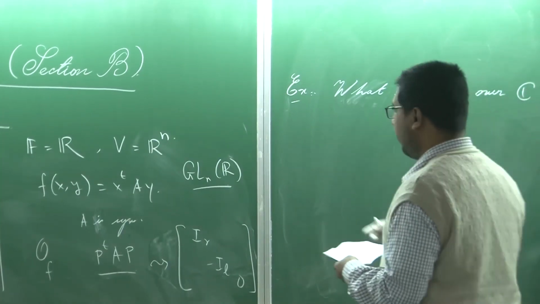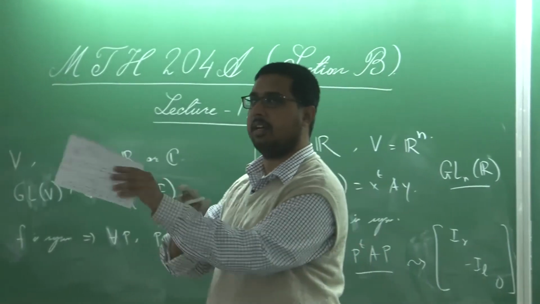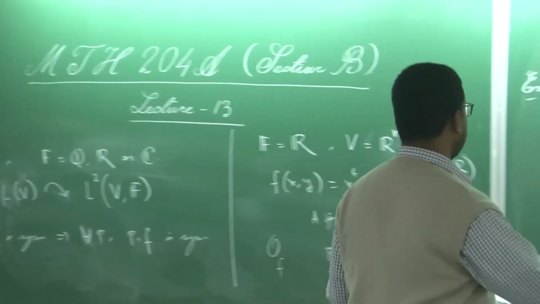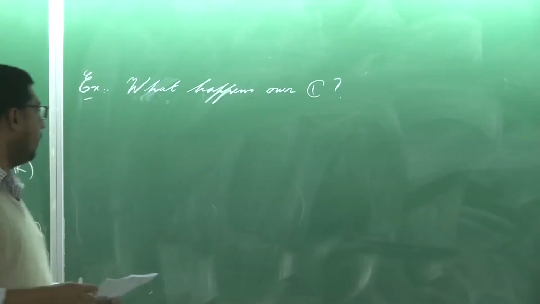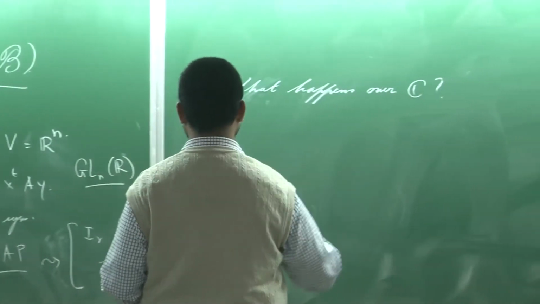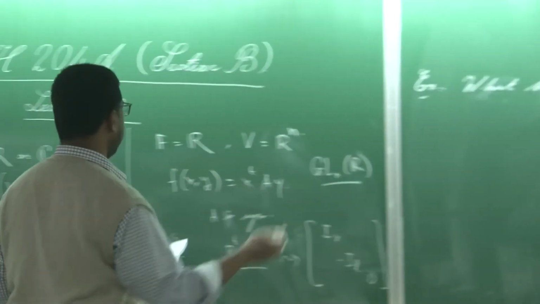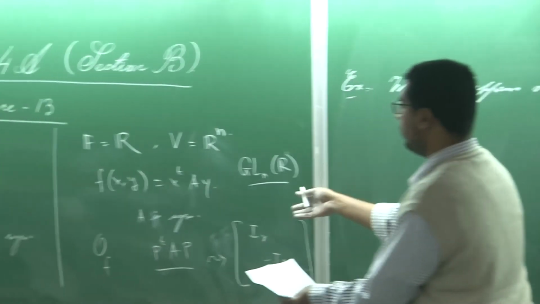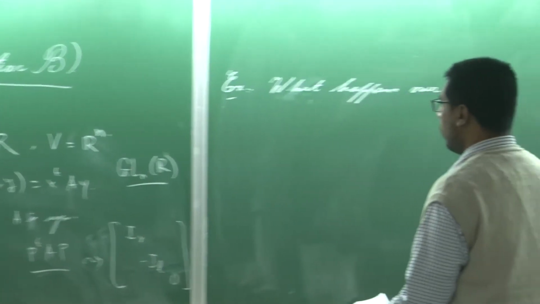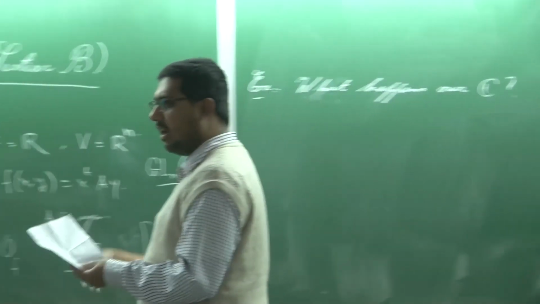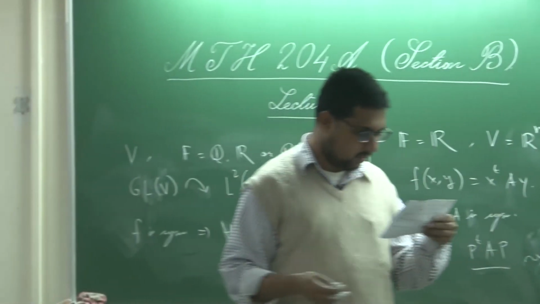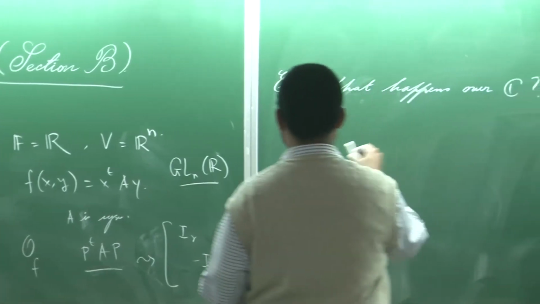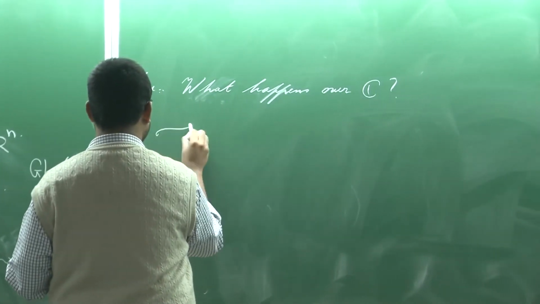And now from the action on bilinear forms, one can talk about the action on the space of quadratic forms. Let's now talk about the action of GLn(R) on this set of quadratic forms.